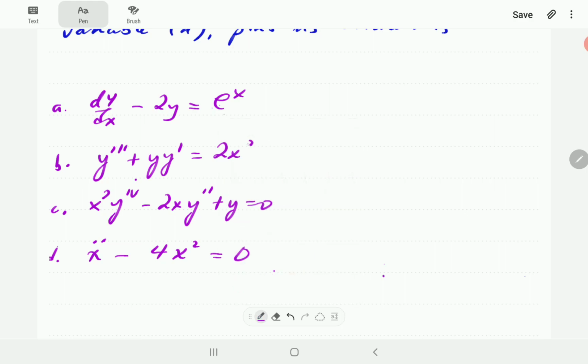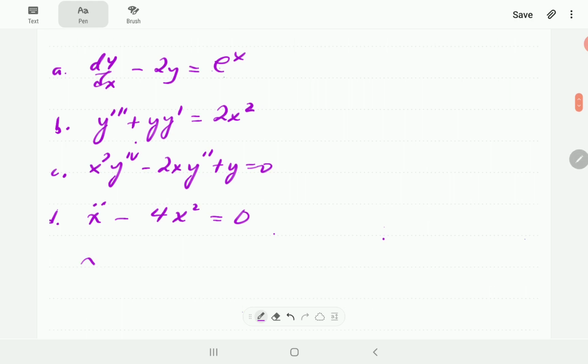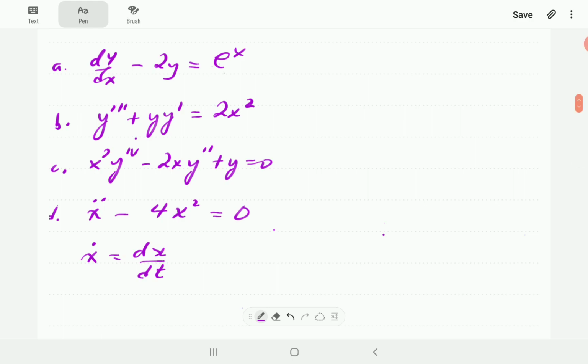In B is the same situation. In C, same situation. In D, the dot notation means derivative with respect to t. So the independent variable in D is t, the dependent variable is x.